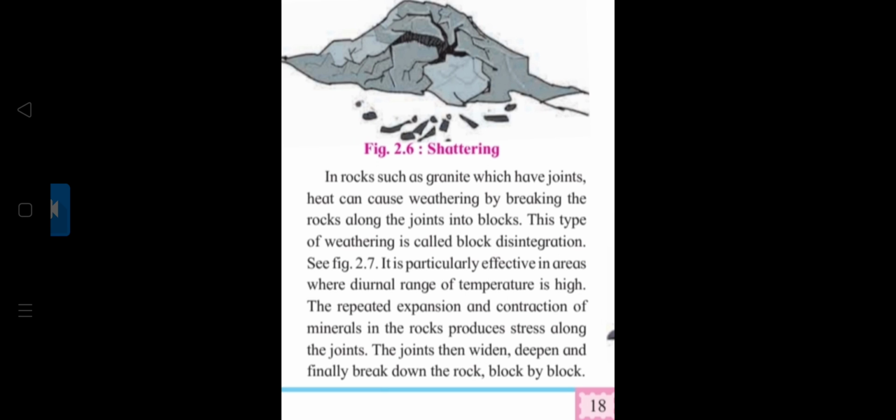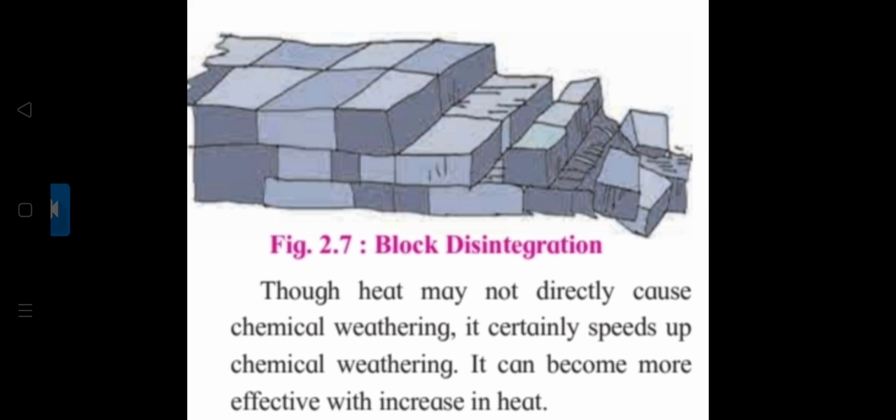The joints then widen, deepen, and finally break down the rock block by block. When the rocks break down block by block, it is block disintegration, breaking down of rocks in blocks. This is figure 2.7.